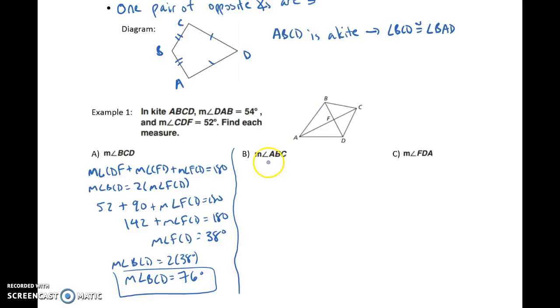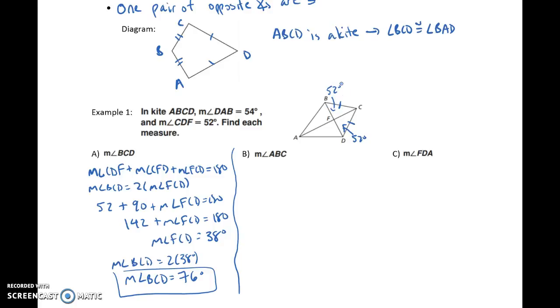So how do we find the measure of angle ABC? So ABC is right up there, right? So once again, we know that this is 52 degrees. And like I was saying earlier, you can use your isosceles triangle theorem to say that this is also 52 degrees, right?